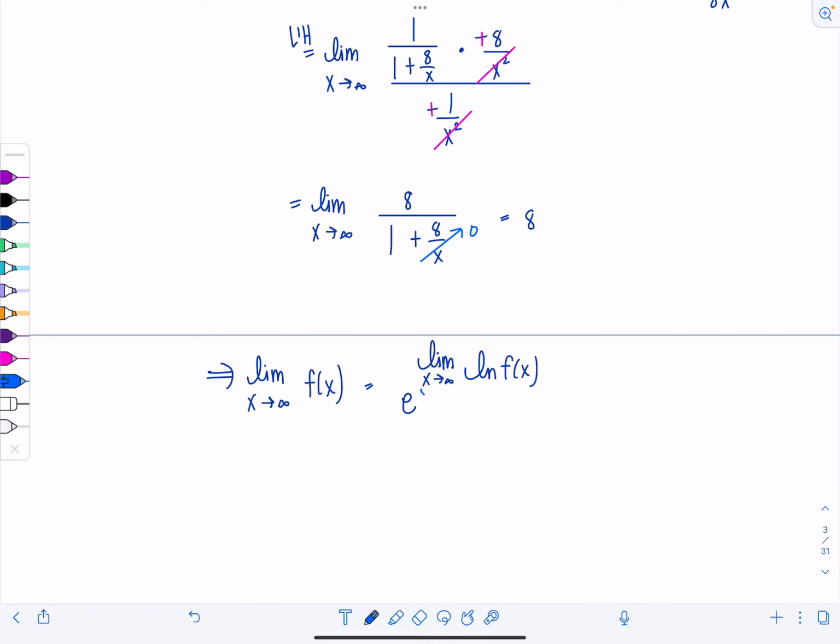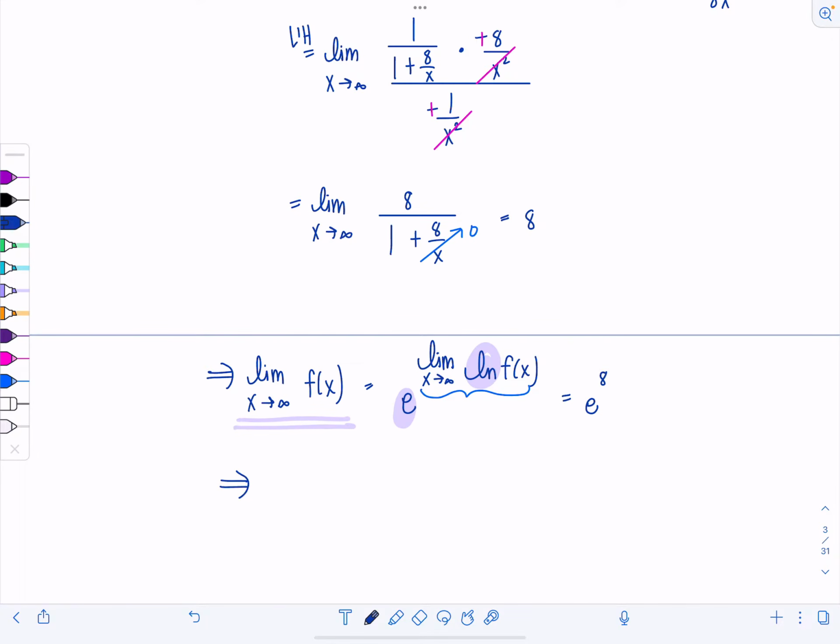Because this is the limit that we just found, right? We added in the extra natural log. So if I take e and raise it to all of this, then it's going to undo each other, get rid of the natural log, and I'll have the original limit that I'm looking for. So this is going to be e raised to the 8th. That's the limit as x approaches infinity of f of x.